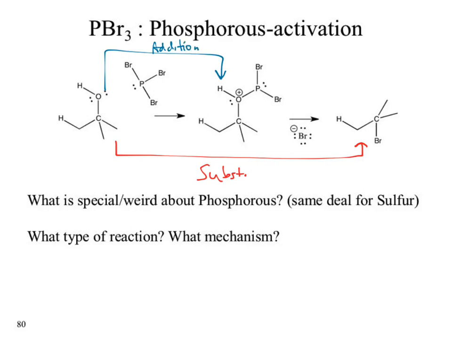Okay, that's a little bit weird, right? Why would it be weird to call that an addition? There's no pi bond. Okay, we are still effectively losing electrons. The lone pair is what's getting added to instead of a pi bond. Okay, so we are running kind of an addition there. We still have 2 pieces becoming 1. The last one.